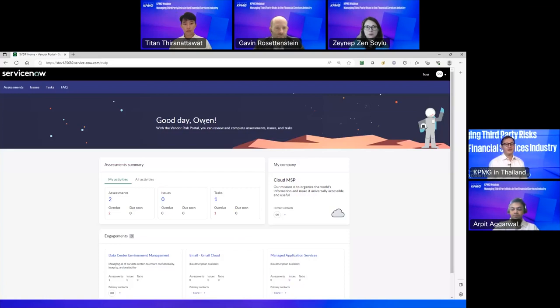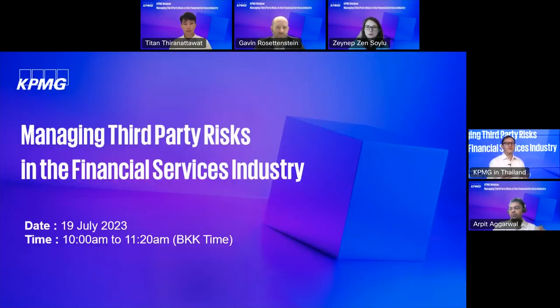Therefore, the objective of third-party risk management is to help you find the right response to the risks that these third parties introduce to your organization. The topics that we are looking to cover today: we're going to talk about the challenges and obstacles to effective third-party risk management.